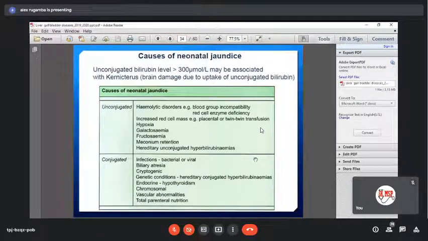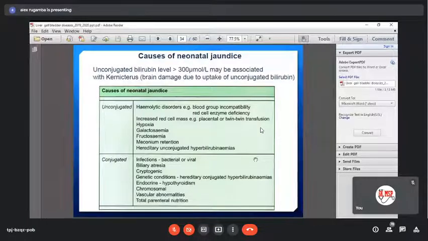So neonatal jaundice may be caused by different causes. For example, in the case of hemolytic diseases, increased red cell mass, galactosemia, hypoxia, the liver will not be able to conjugate the bilirubin, and then the bilirubin will return to the blood circulation and reach the different organs, including the eyes and the skin.